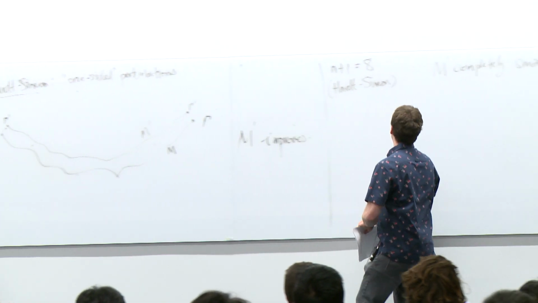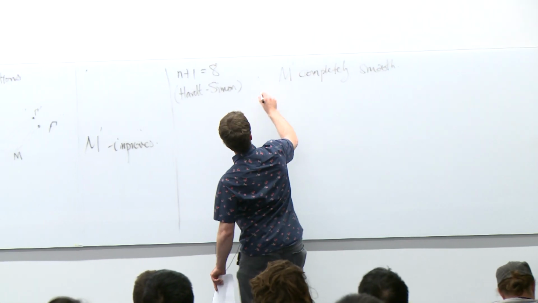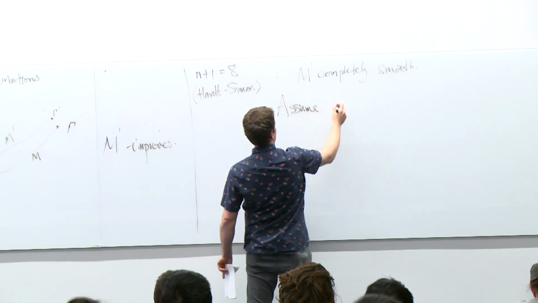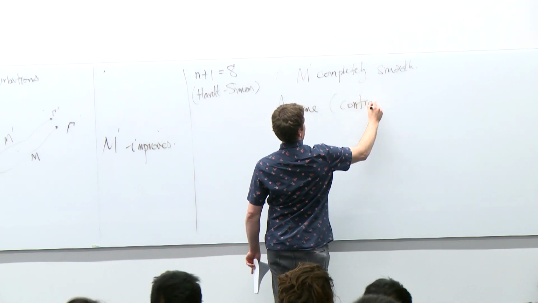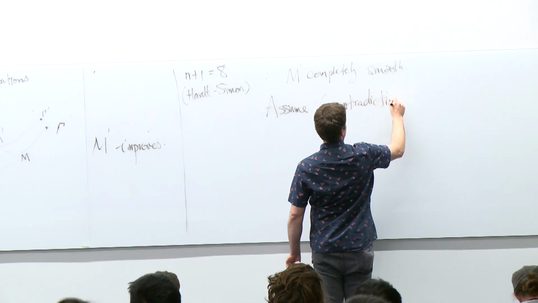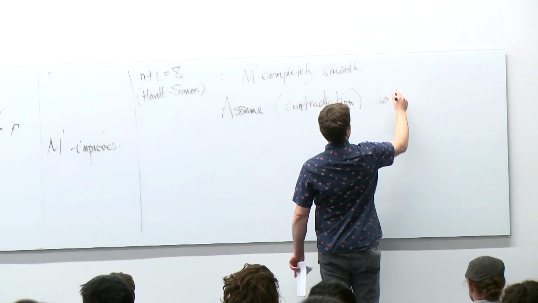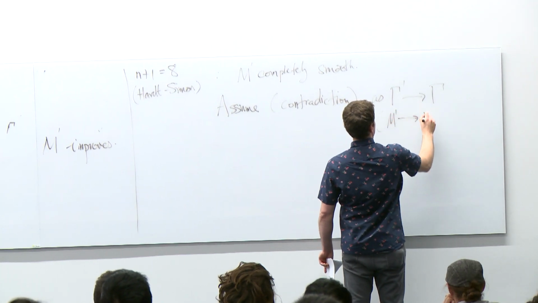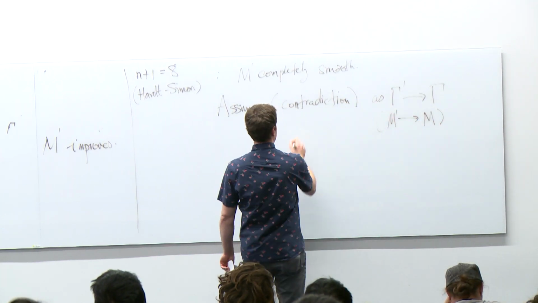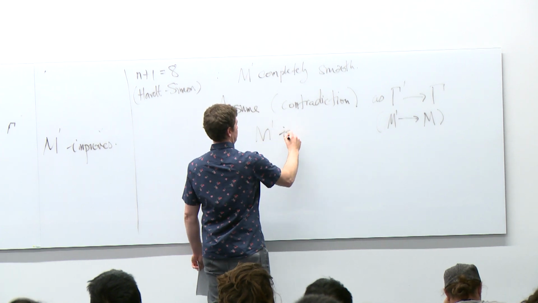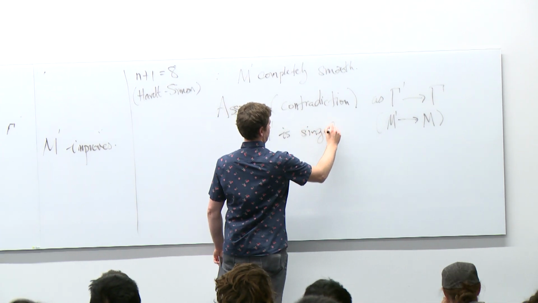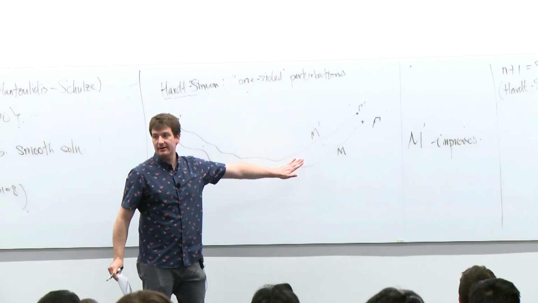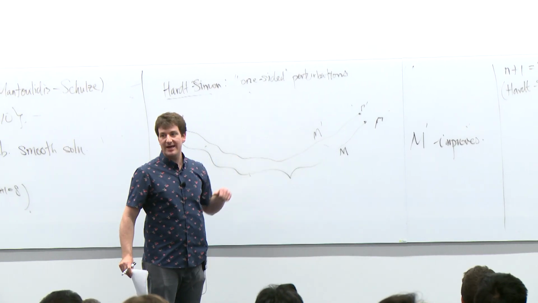So, in other words, for contradiction, I'll assume okay, so I'll assume that M prime still has some singularity, no matter how close I get.